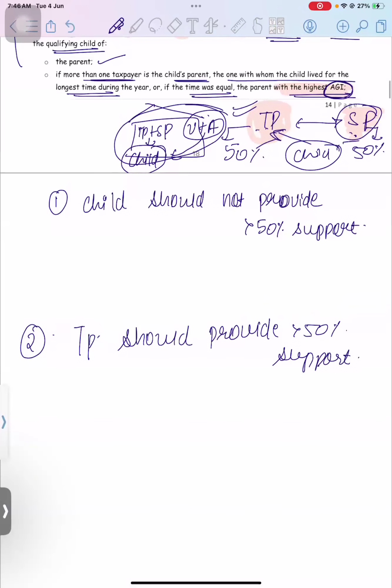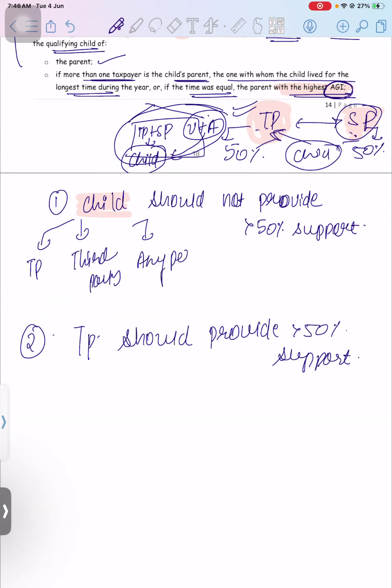Okay, see, when the words used are child should not provide, it means he should not provide the expenses from his own pocket. That means it can be paid either by the taxpayer or by any third party, any other person. Wherever it is mentioned that the child should not provide, he is not allowed to provide, but the parents or any third party can provide the expenses.